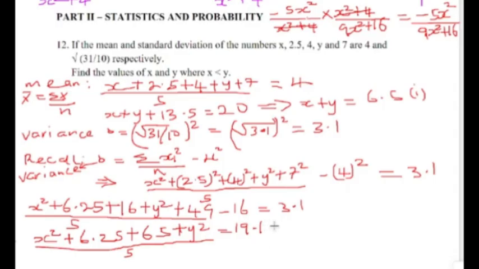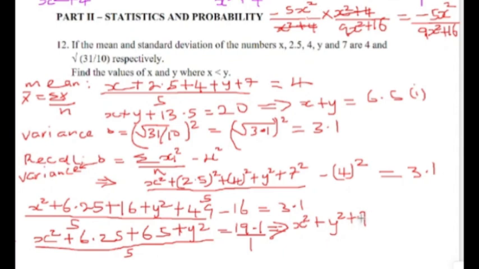Now, if we cross multiply this, this is what we are going to get eventually. We will cross multiply this expression, have x squared plus y squared. Now 6.25 plus 65 gives us 71.25.